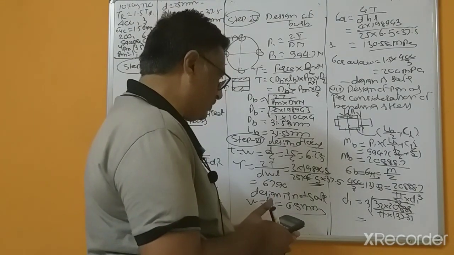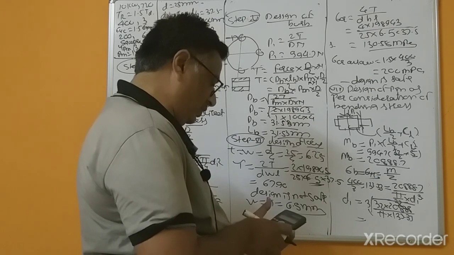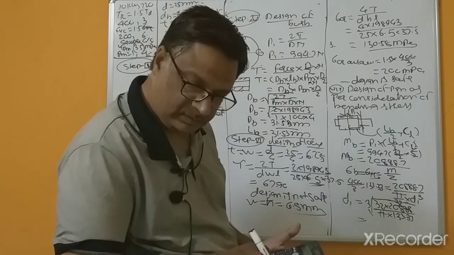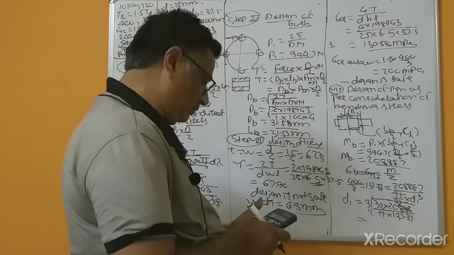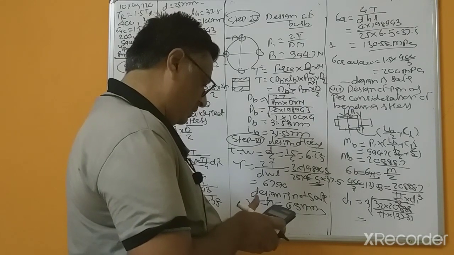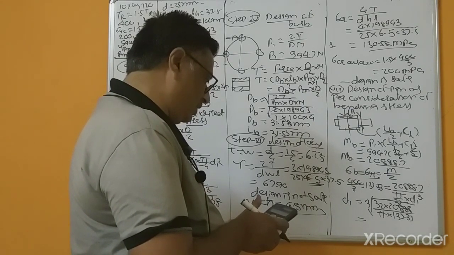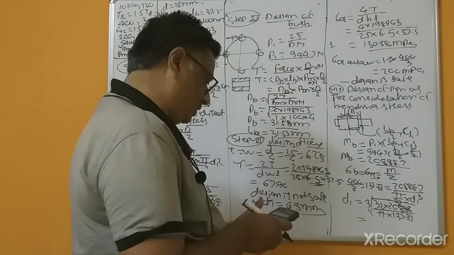Once again check this. 32 multiplied by 2088 divided by pi and divided by 133.33. This is cube root.